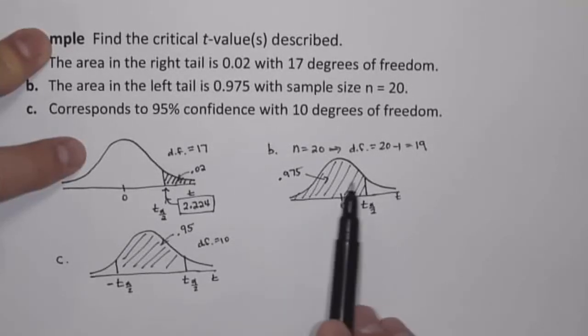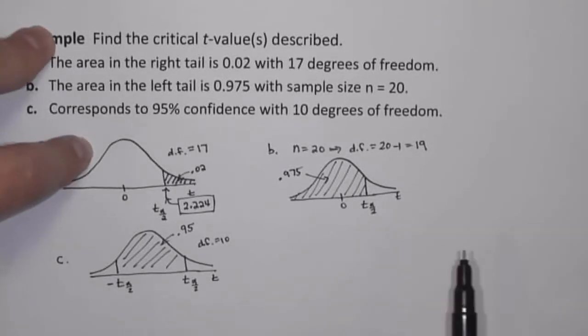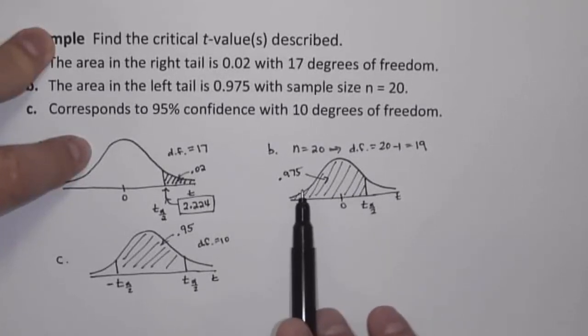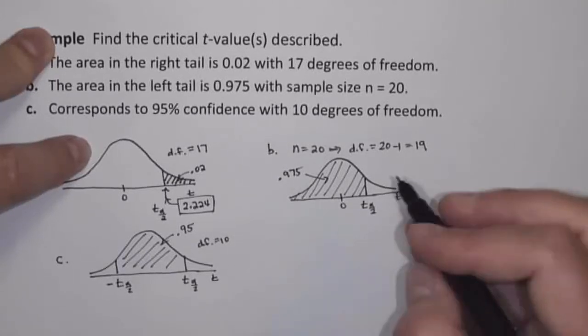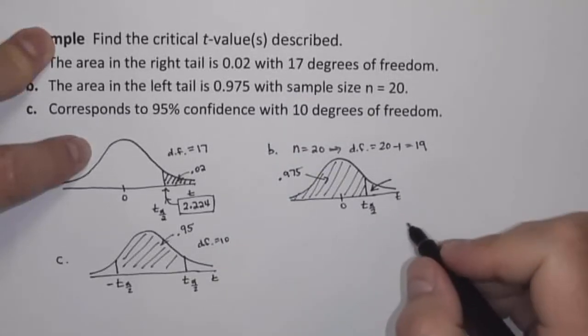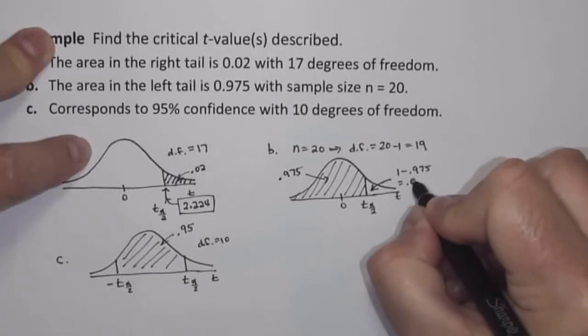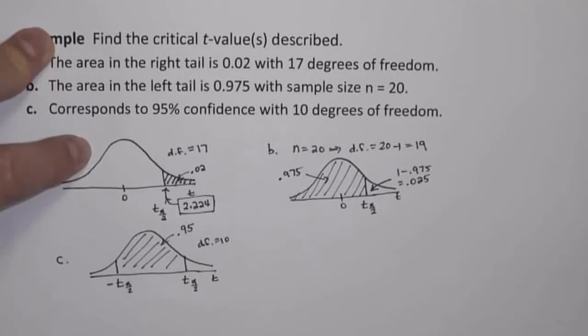Now looking at Part B, if I'm going to use our table, I have to have the area in the right tail. So in question B, I was given the area in the left tail is 0.975. So that means this area here in the right tail is going to be 1 minus 0.975, which is going to be 0.025. So this area in the right tail is 0.025. Now also recall we have 19 degrees of freedom.